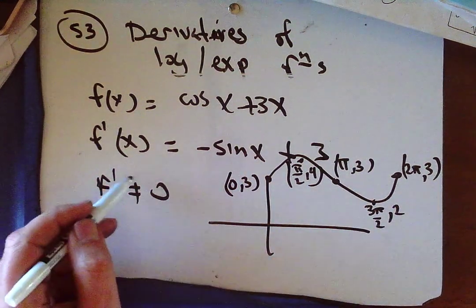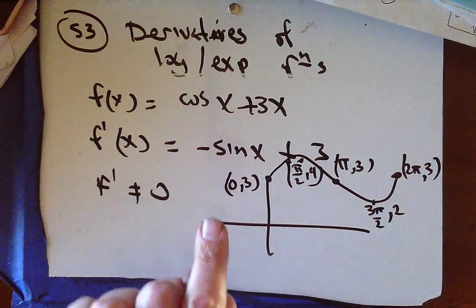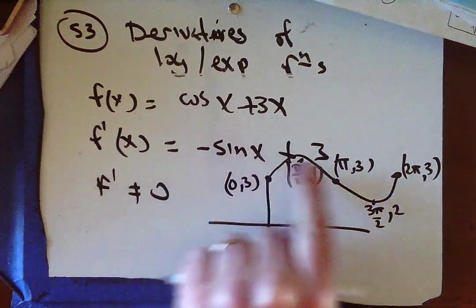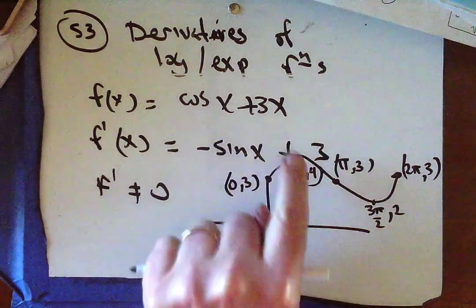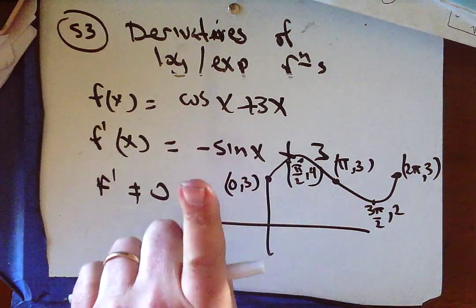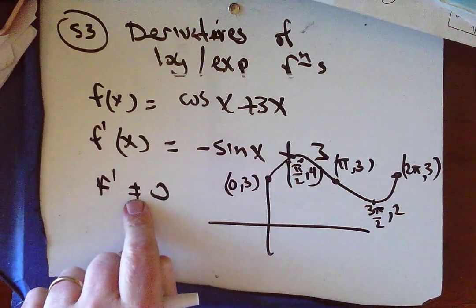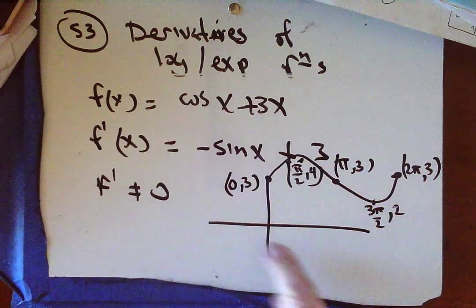This derivative is never equal to 0. So, since the derivative exists and is continuous, like there's no discontinuities here, this derivative is definitely existing for all real numbers, and the derivative is never equal to 0. We see that. Here's the derivative graph. It never crosses there.